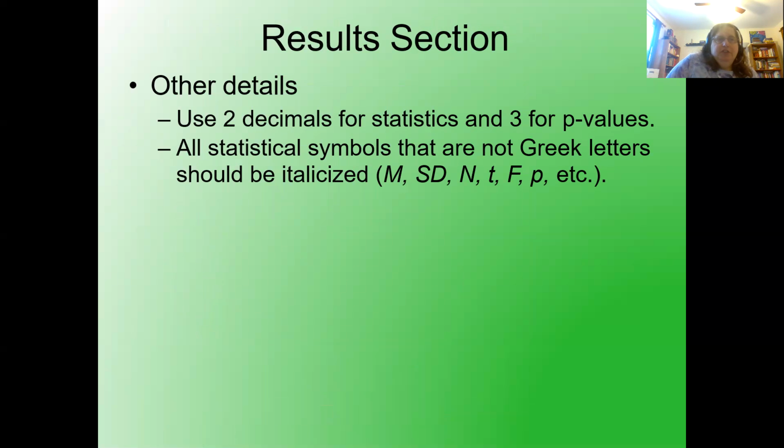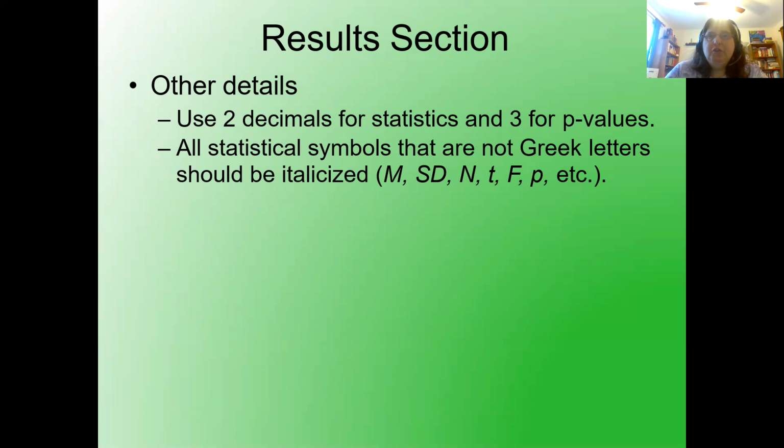So just a couple other details for you that you may or may not have been noticing as I was reporting things out. You want to use two decimals for statistics for your means, for your standard deviations, for your t values, for your f values.